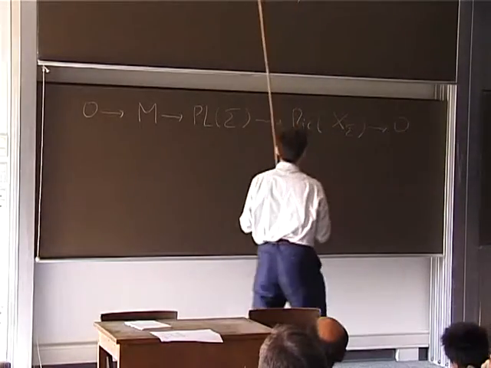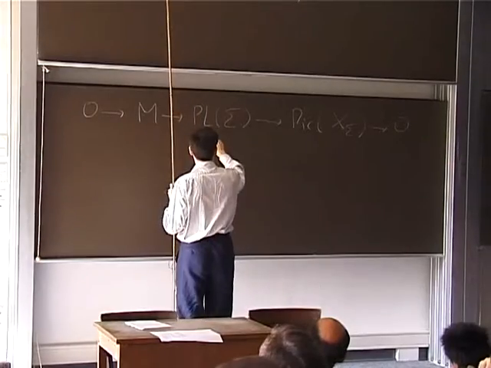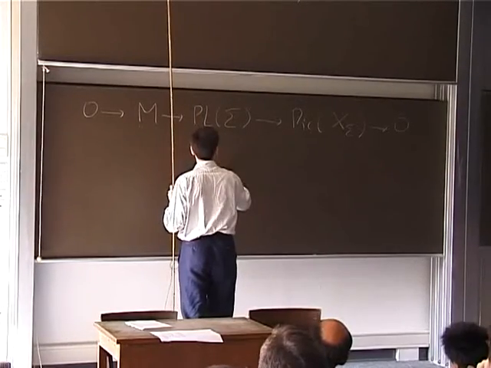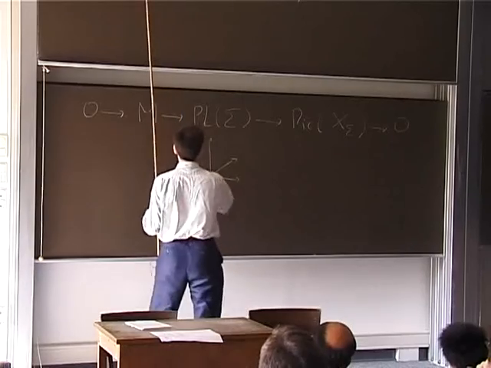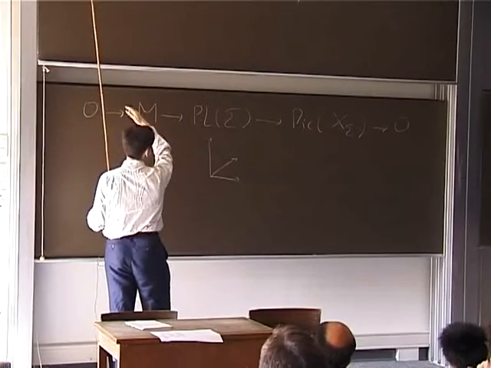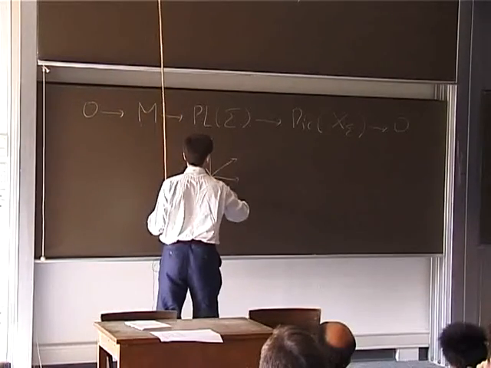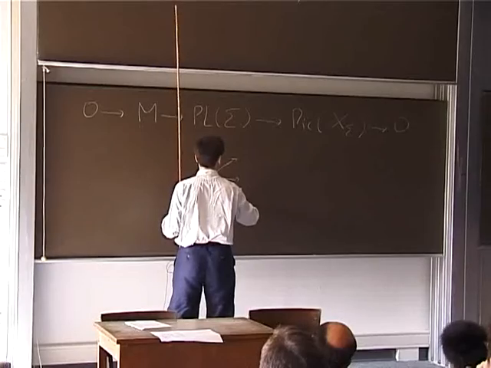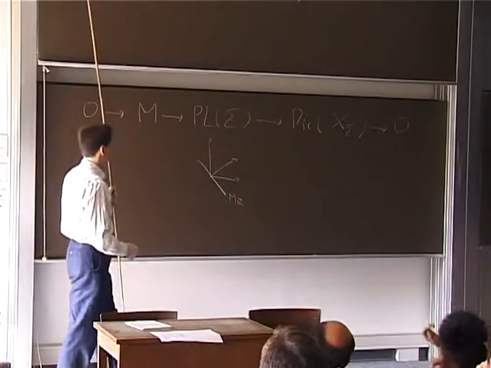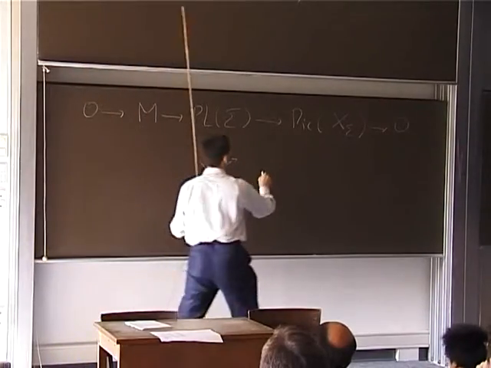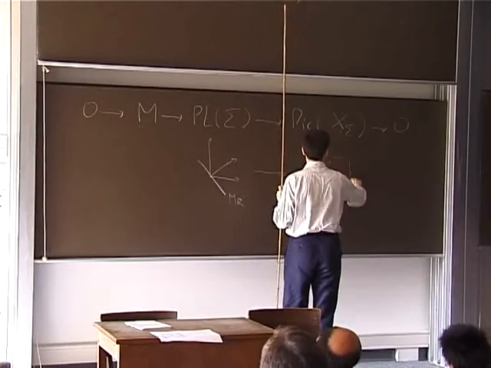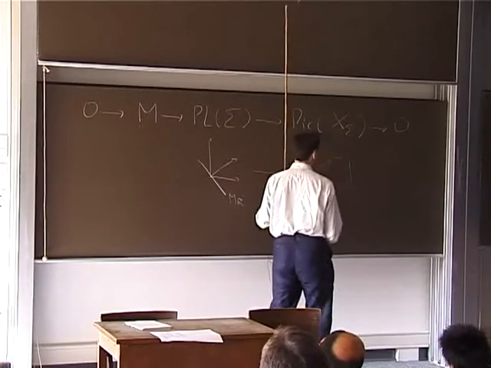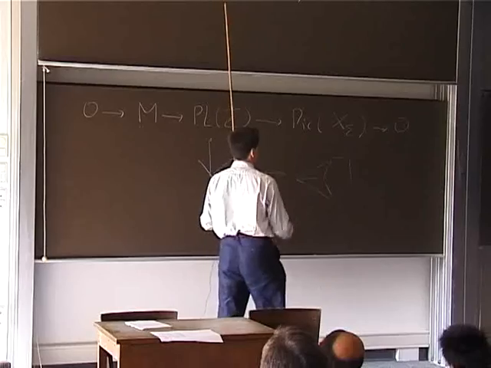And so how do we get the cone of effective divisors? We take the simplicial cone spanned by the boundary components with nonnegative coefficients, and we project with respect to the map M to Pic, and that will produce some polyhedral cone in the Picard group.